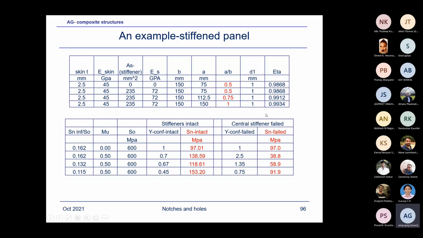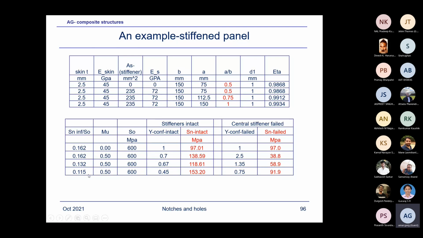So eta S_n infinity, that is just for the panel without the stiffener, is the strength you get. So for 75 millimeter it is 0.162, and then it reduces to 0.115.